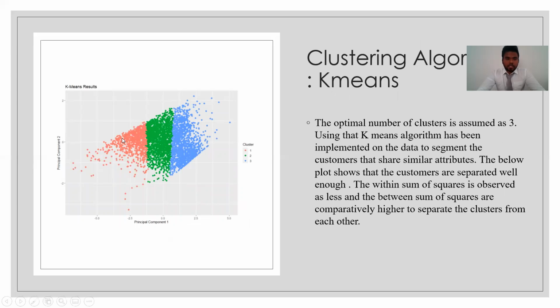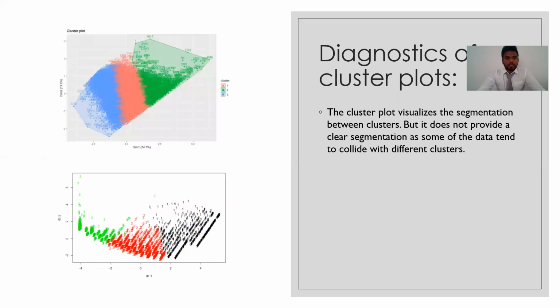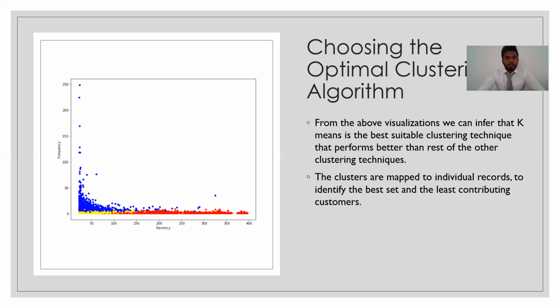What I observe in k-means is that the within sum of squares of the clusters is very low, whereas the between sum of squares is really high, in a way that I can completely segment the clusters from each other. I can differentiate the clusters from each other.